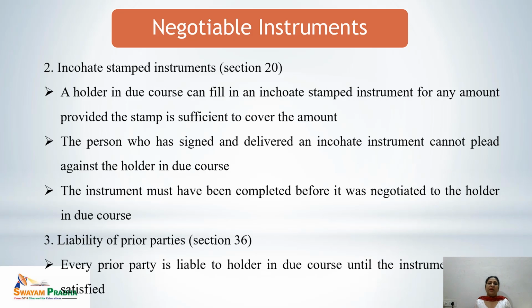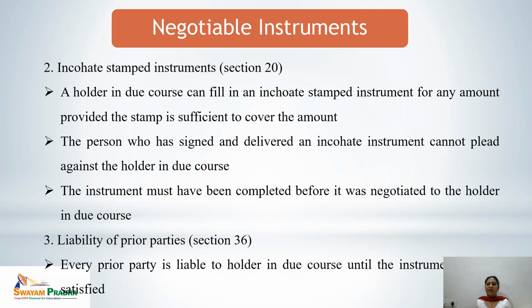Next are the inchoate stamped instruments, covered under section 20. Inchoate stamped instruments are those instruments which are not yet complete. Some part is yet to be filled in to complete that instrument. So a holder in due course can fill in an inchoate stamped instrument for any amount, provided the stamp is sufficient to cover the amount.